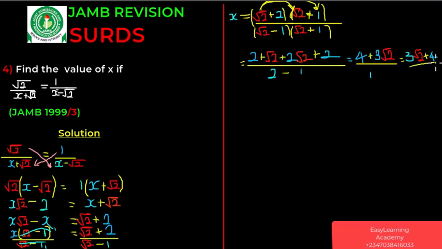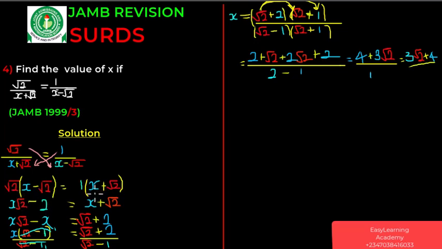So what we did, given this question, was to cross multiply. Square root of 2 here multiplied everything here, x minus square root of 2, and then 1 multiplied this. When we expand, 2 times x will give us x square root of 2, and square root of 2 times square root of 2 will give us 2.